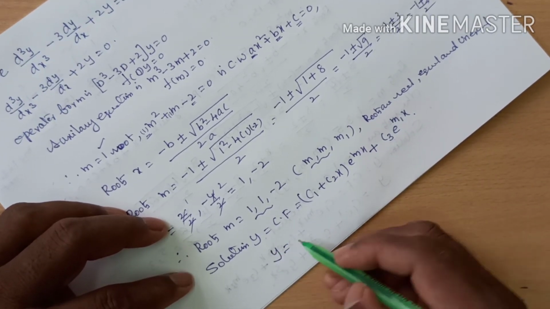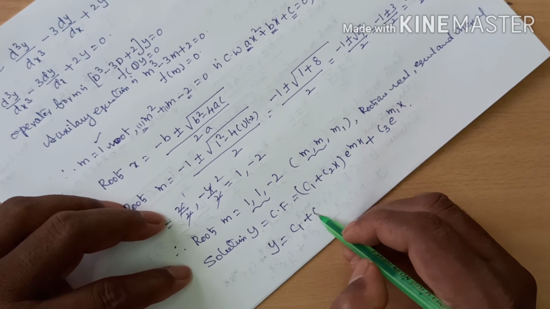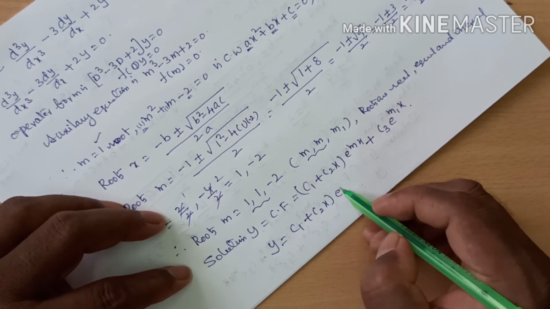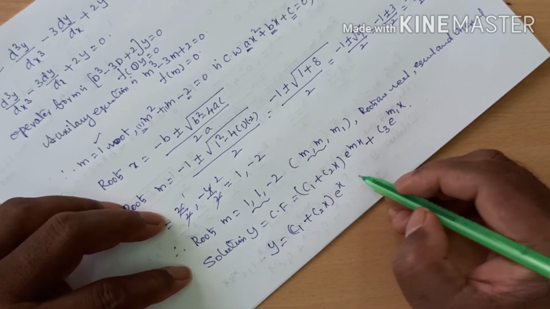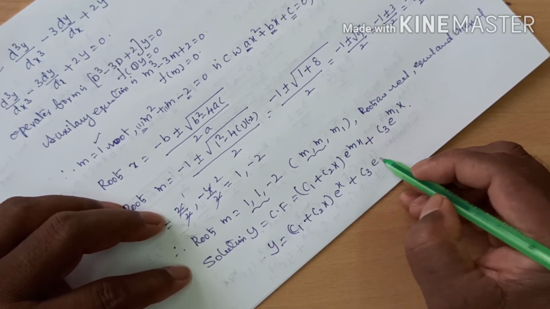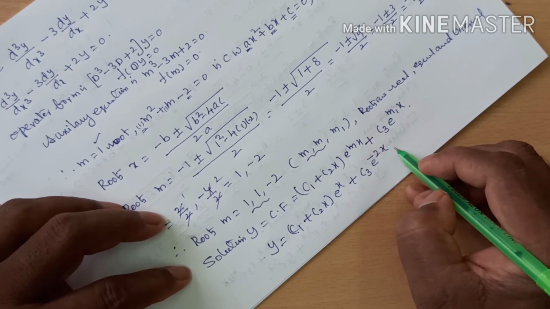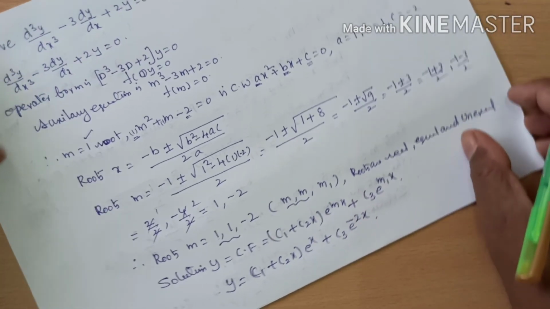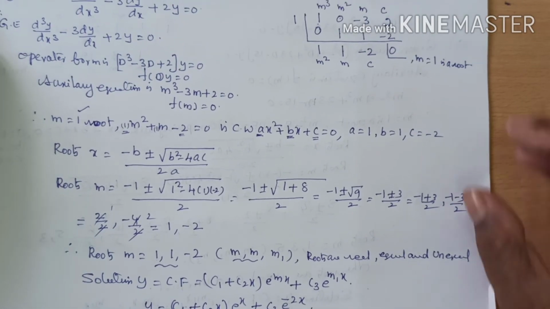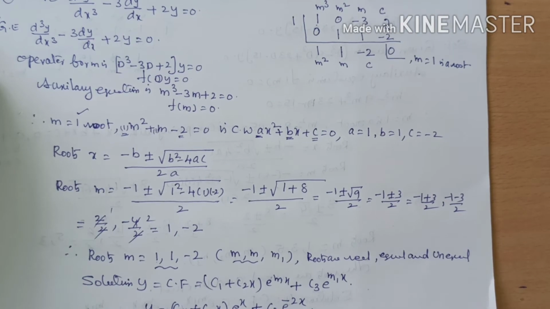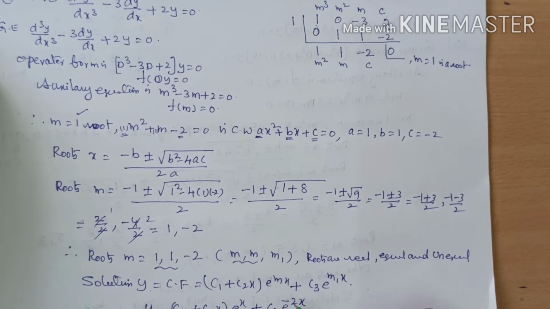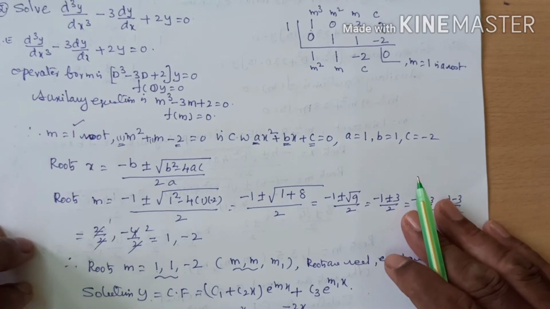Therefore, solution y is equal to C1 plus C2x into e to the power of x for two roots that are equal, plus C3 into e to the power of minus 2x for the unequal root. This is about problem number 2. Third order differential equation. Solution is y is equal to C1 plus C2x into e power x plus C3 into e power minus 2x.